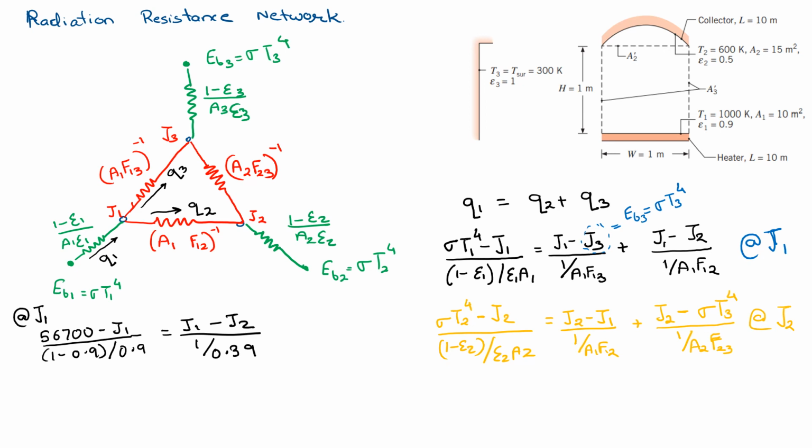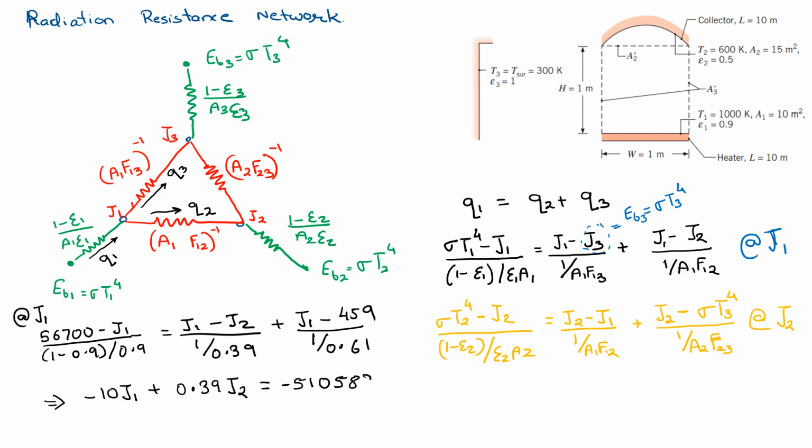And remember that the areas will cancel out because they're equal, plus J1 minus 459, which is the value of J3 that we calculated, divided by 1 by 0.61, and this will give us the equation minus 10 J1 plus 0.39 J2 equals minus 510582. Okay, so let's say this is equation 1.